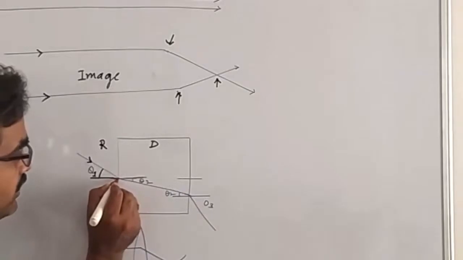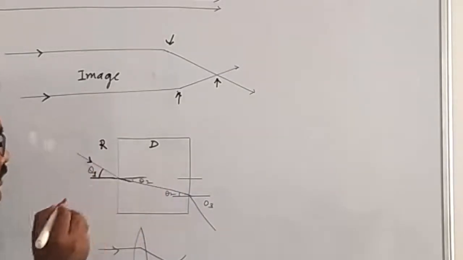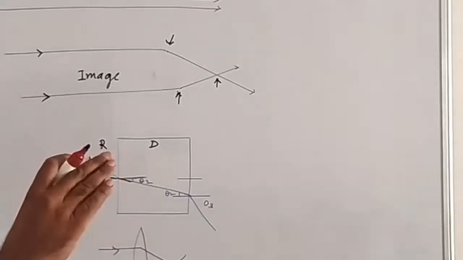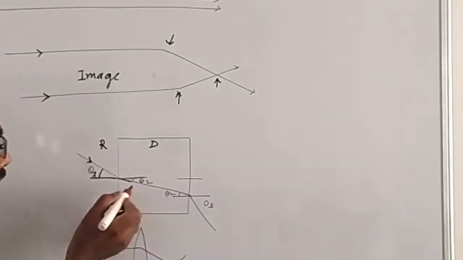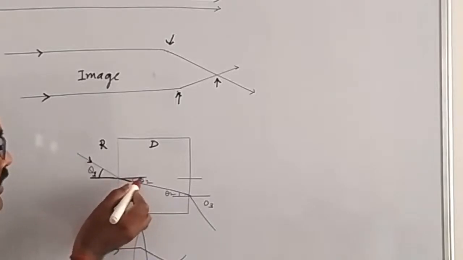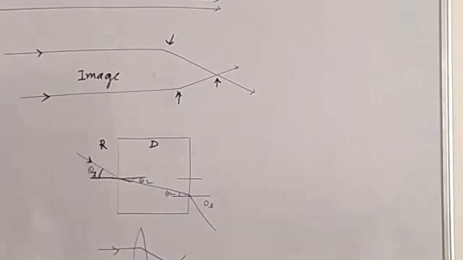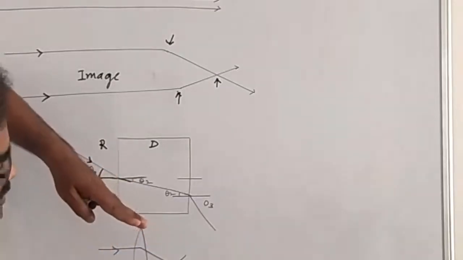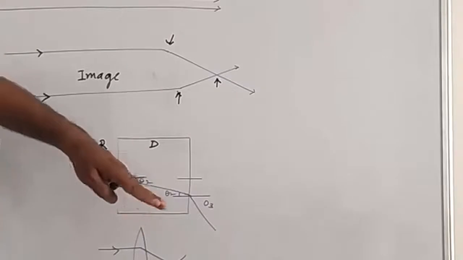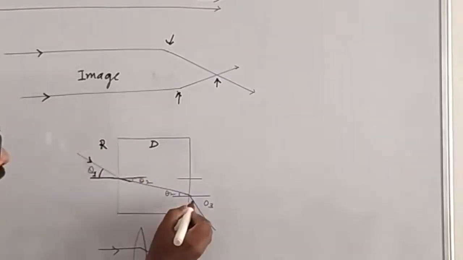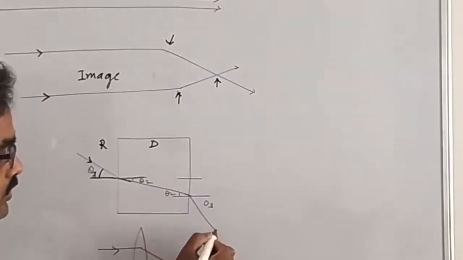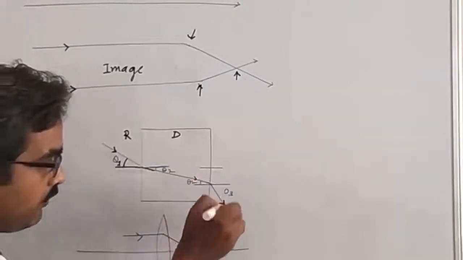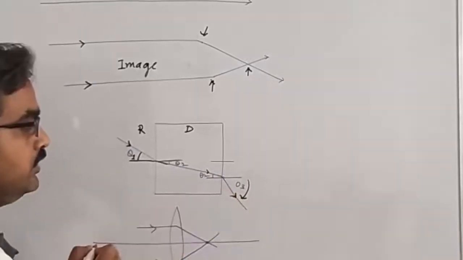But when this light enters the denser medium, its velocity goes down and it bends towards the normal. Suppose this light ray is going like this, and this is the normal position, then it will bend towards the normal. However, when it comes out of the denser medium, it will go away from the normal.